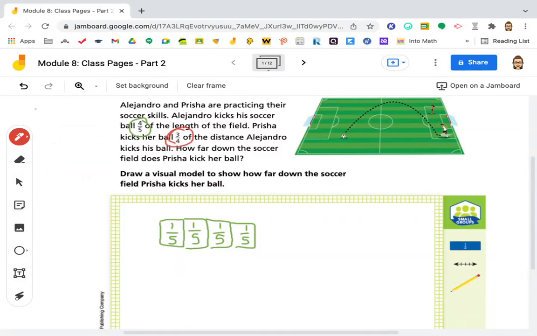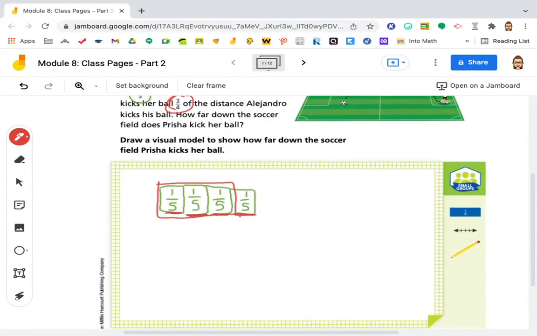And Prisha kicks her ball 3/4 of that distance. Well, we have 1, 2, 3, 4 of those. So we would look at using 3 of them, which would be 3/5.